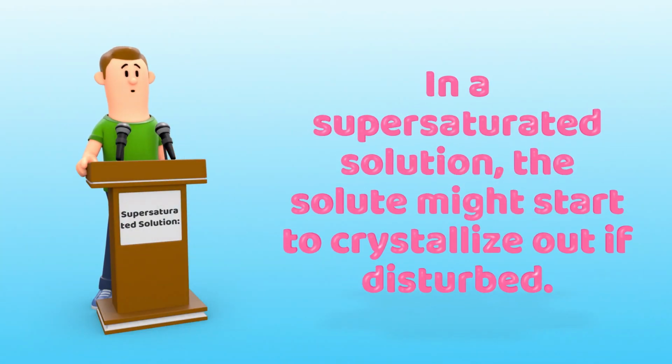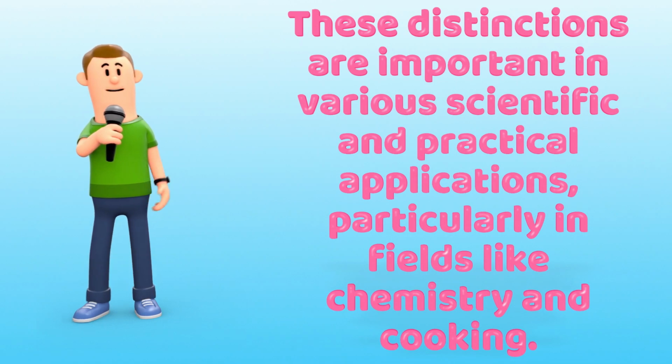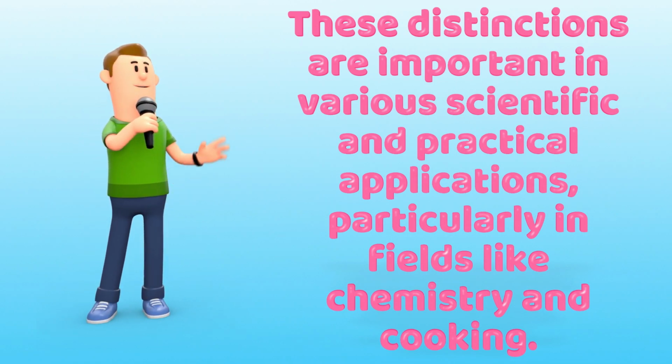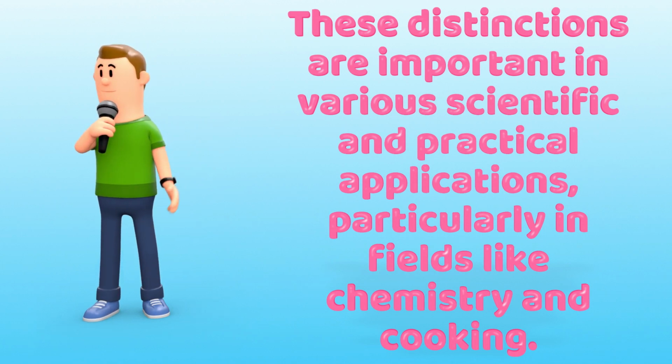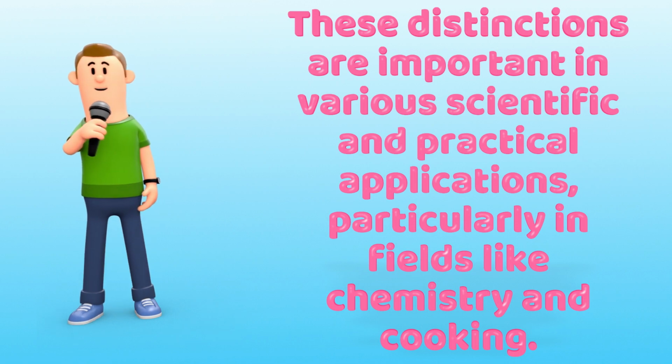Usually, in a supersaturated solution, the solute might start to crystallize out if it is disturbed. These distinctions of solutions are very important in various scientific and practical applications, particularly in fields like chemistry and cooking.